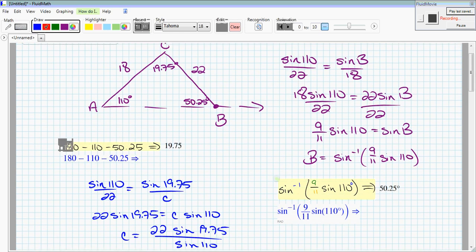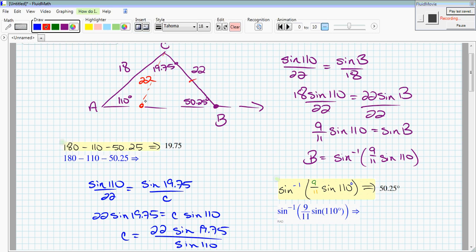Now from here, we need to determine if there's another triangle that would satisfy this condition. Well, the only way that would happen, this 18 still has to be 18, this 110 still has to be 110, and this has to be 22. The only way that would be possible is if we were able to swing this side over here. If we did, this side would still have to be 22, making this an isosceles triangle.